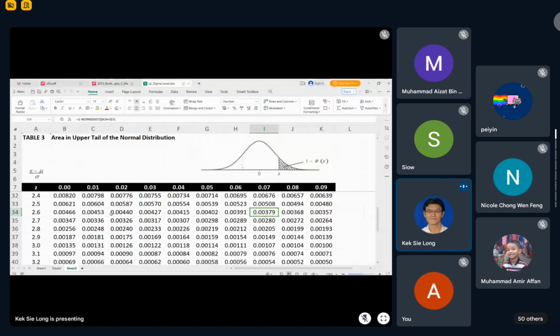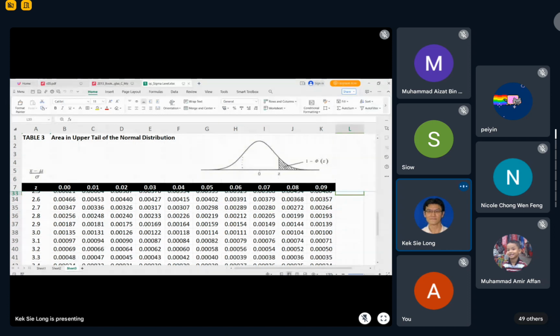All the values in this table tell us the probability, or the area under the curve at the right end tail. So you can see where 0.001 is here. This is the probability value.